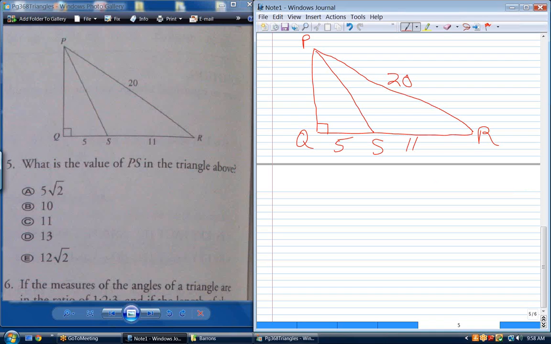I'm going to say, let's see, 12. Okay. Use a 3, 4, 5 triangle? Yes. Okay. And now what is PS? 13. Good. You use the 5, 12, 13 triangle. Yes. Okay. So D.